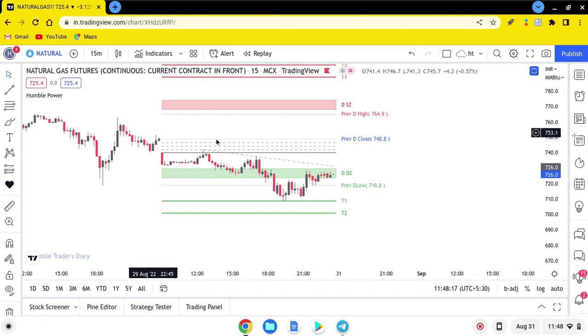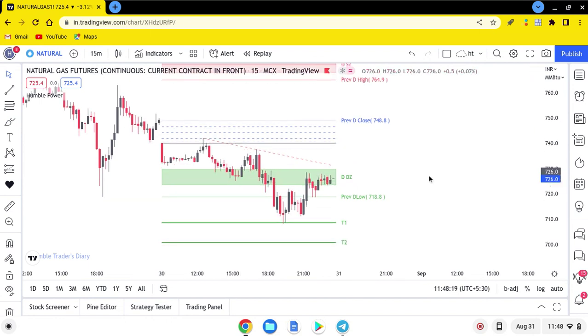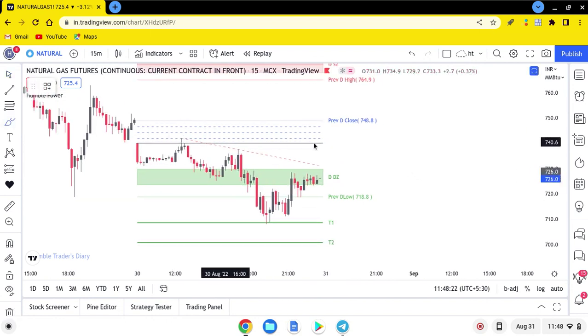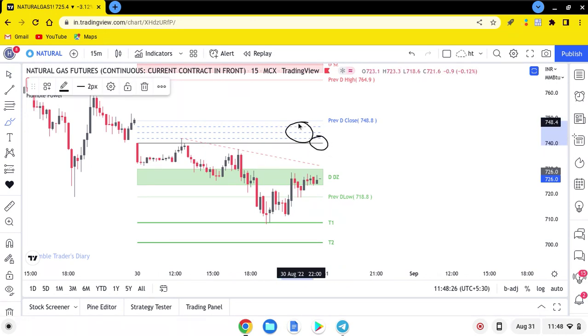the price will determine that. Now imagine this black line is our opening price, this is our CPR, so basically the price is below everything, right?